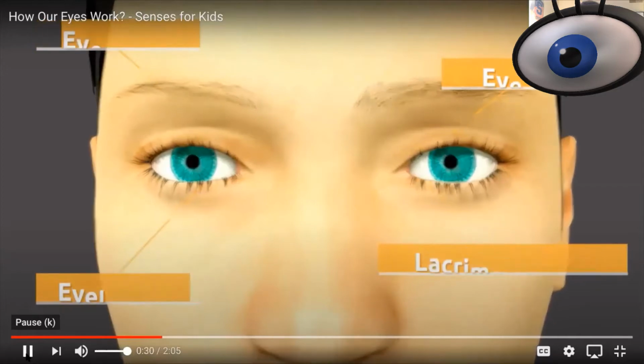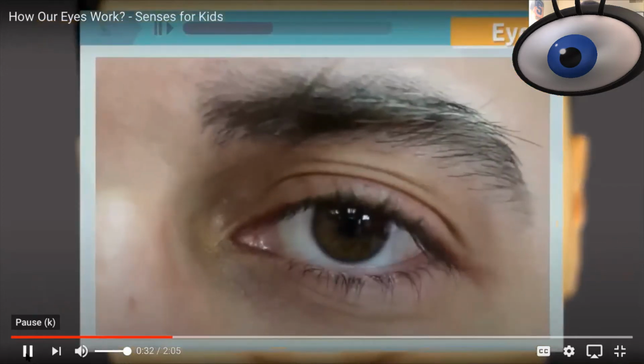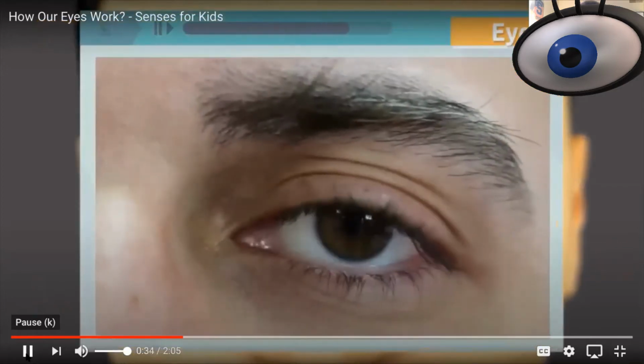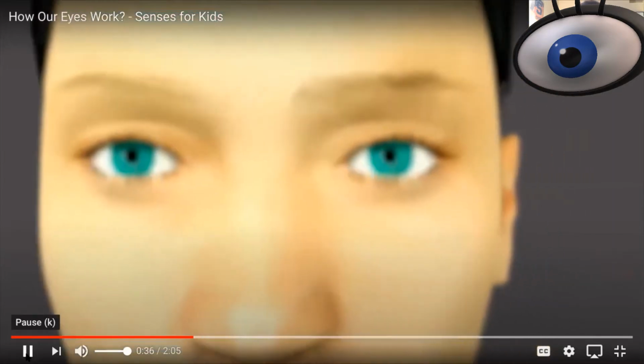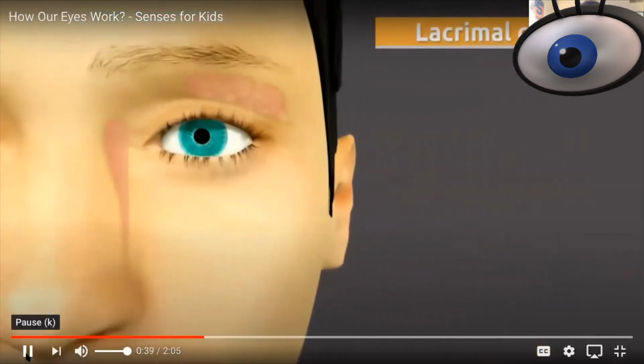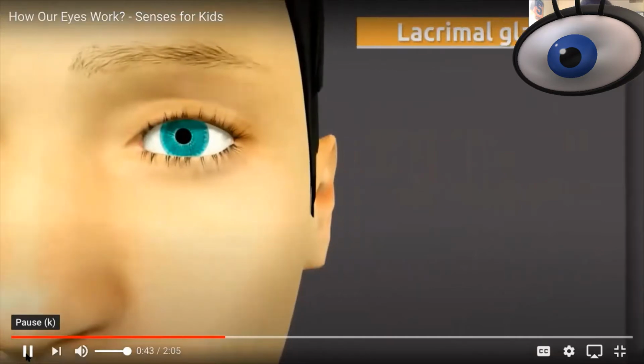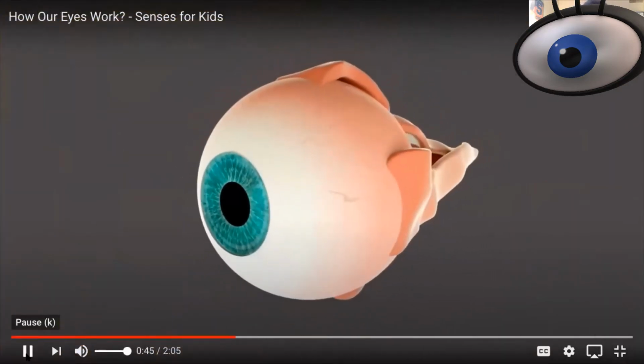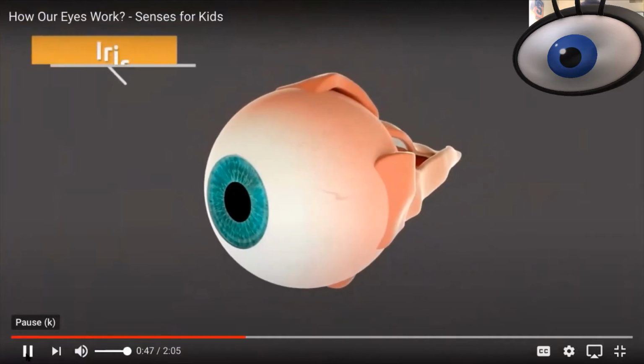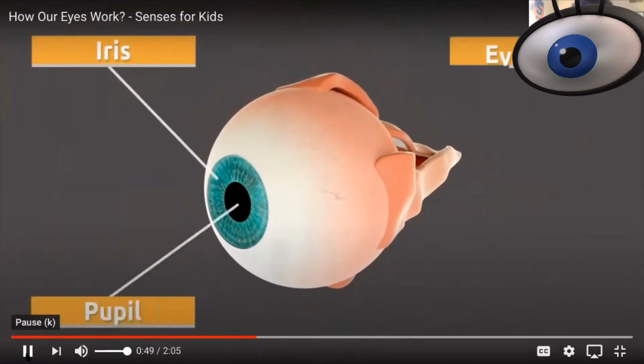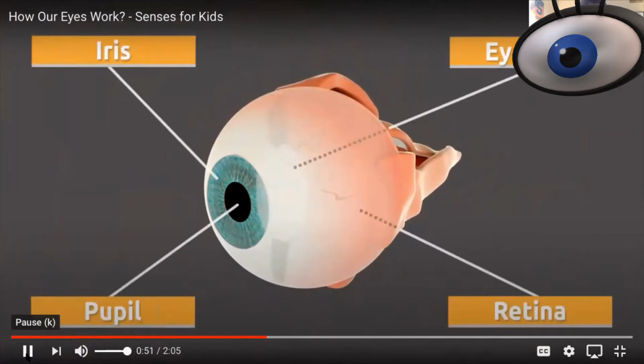The eyelids open and close many times per minute and help the eye stay clean and moist. The lacrimal glands help clean the eye and eliminate the germs in the dust that reaches the eye. The parts of the eye in charge of vision are the iris, the pupils, the eye lens, and the retina.